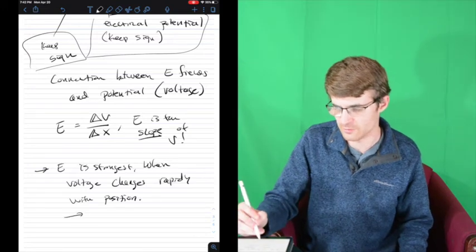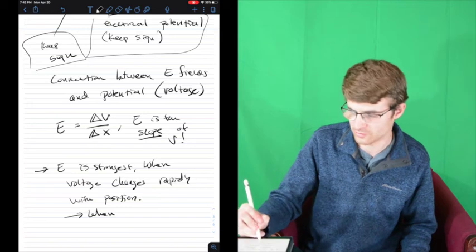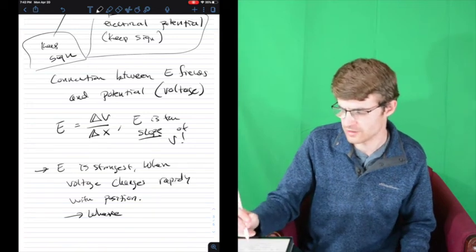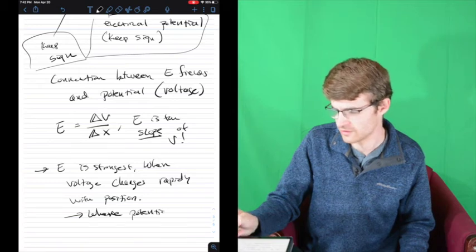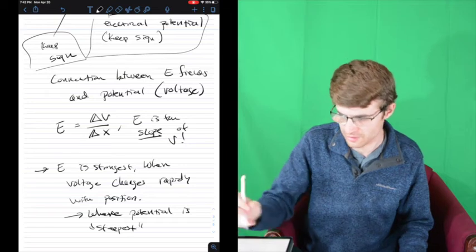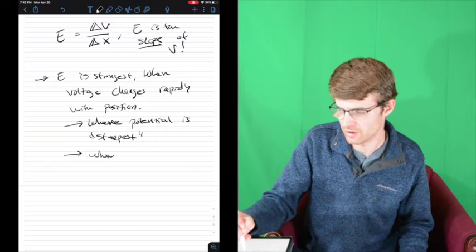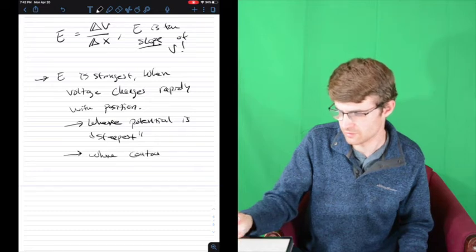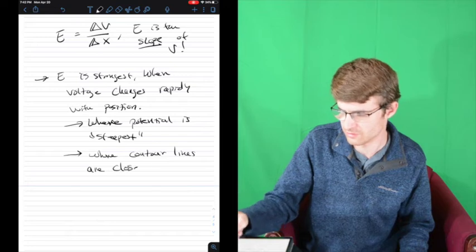Again, that's just a fancy way of saying it's strongest where the potential is steepest, again, aka where contour lines are closest together.